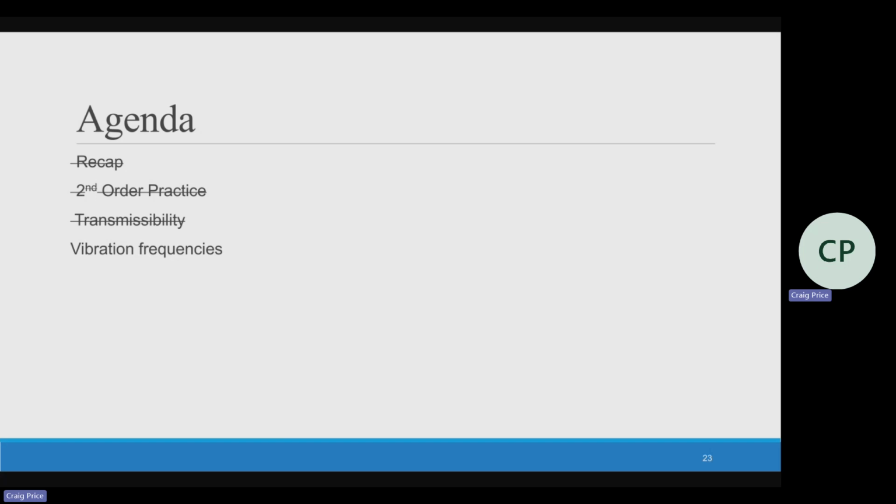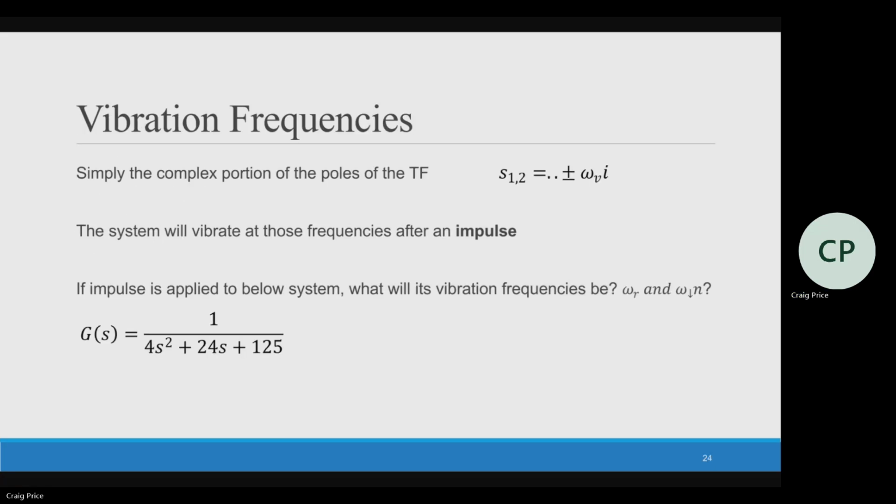Anyways, the last thing we got to cover today is vibration frequency. So this is the last thing when we're talking about frequency. We've talked about magnitude and over frequency range. What do we see? This is vibration. It's a little bit different than the rest. So vibration frequency. This is really just one page, and then we'll do some practice problems. But this is simply the complex portion of the poles of the transfer function.